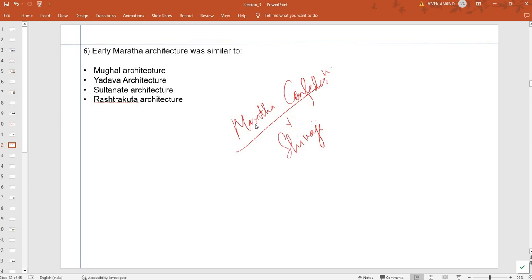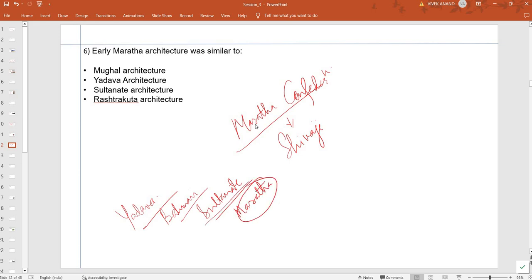If you see the timeline in that region, first the Yadavas came, then the Bahmanis, then the Sultanate, and then the Marathas. So obviously the Marathas will be influenced by the Sultanate.